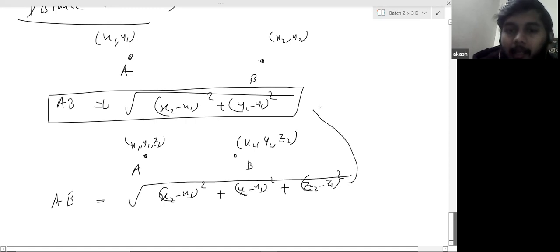Absolutely the same, just add the z coordinates also. All right, the rest of the formula is absolutely the same. Write down the formula.